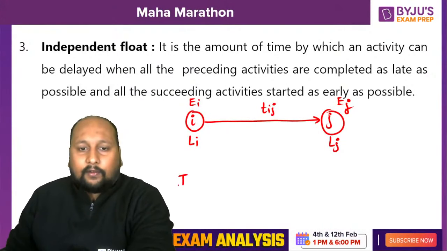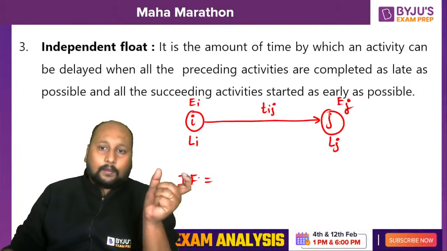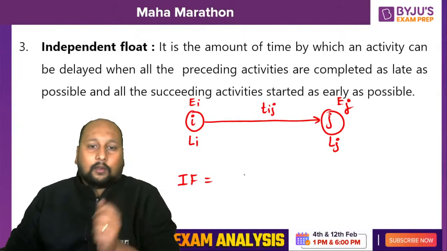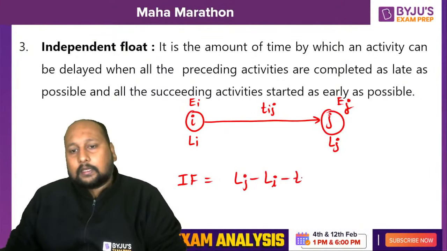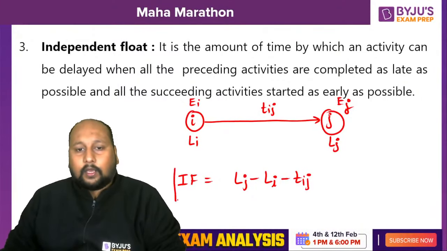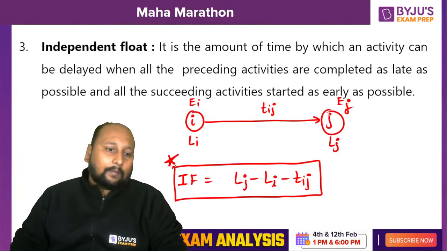For the independent float, you take the difference of the latest times, that is the lower value, Lj minus Li minus Tij. By this formulation you can easily calculate the independent float.